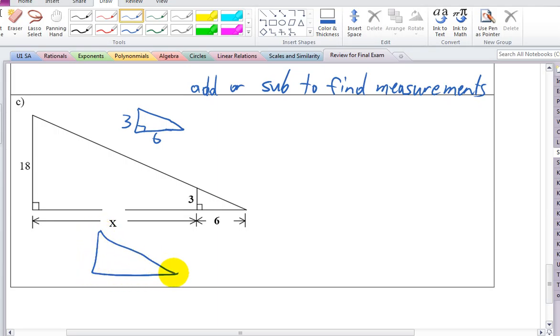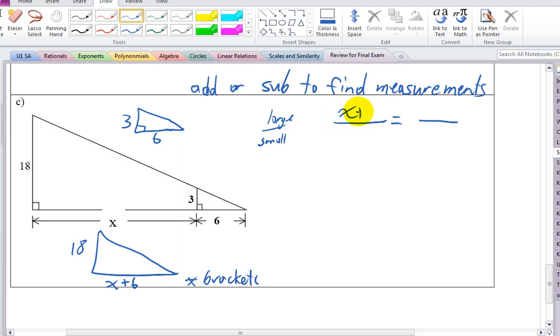For example, on this big triangle, you have 18, but what's the bottom measurement? X plus 6. And the key for here is brackets. Okay. So let's set the large on top, small on the bottom. Do you guys want to do this yourself, or you want me to help you start? Help us?